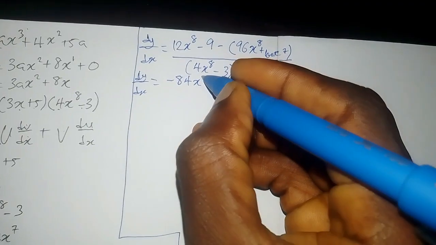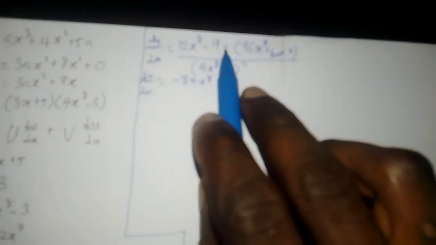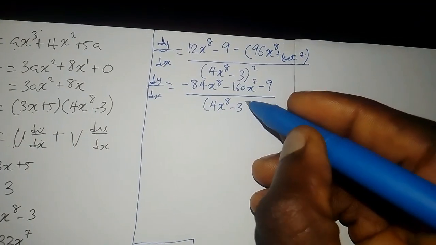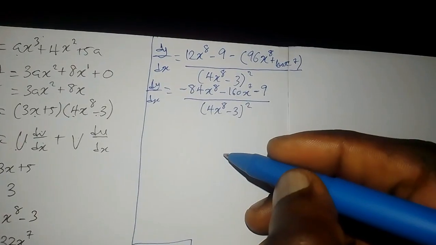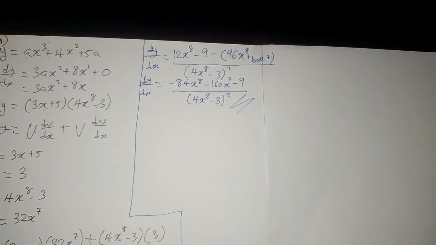Also, I have minus 160x^7 from the other term, all divided by (4x^8 minus 3) squared. I think I can stop here, although you can still simplify if you really want to.